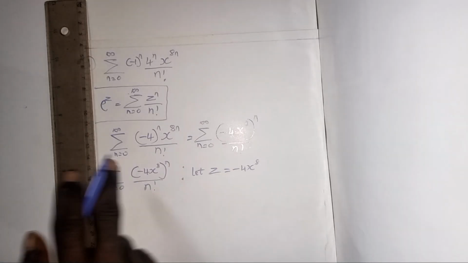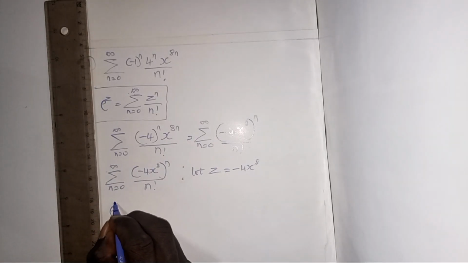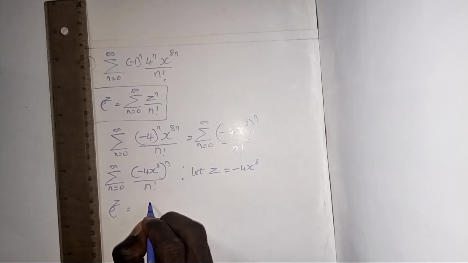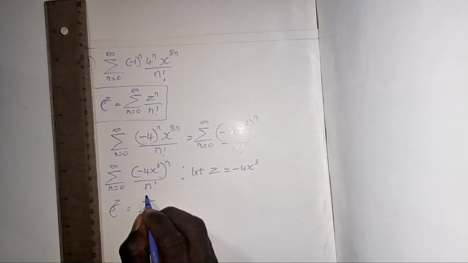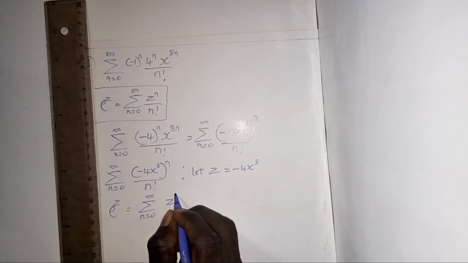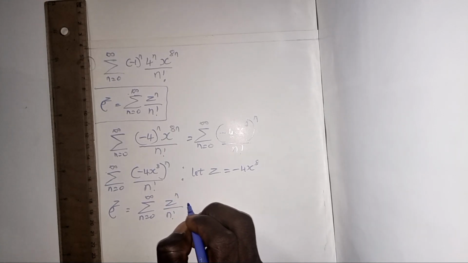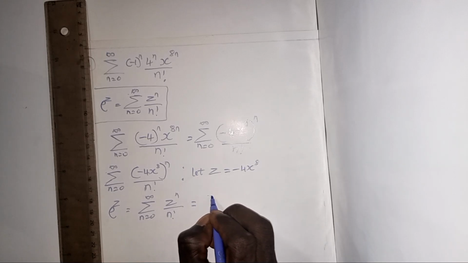Then going to our exponential function, z to the power n over n factorial, you can see that it's the same thing as this.